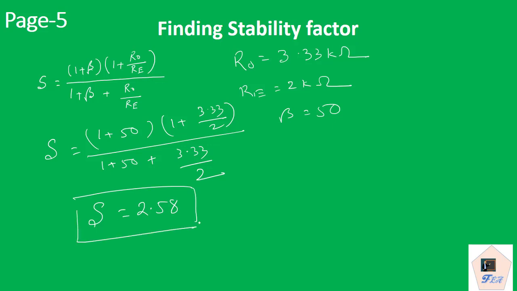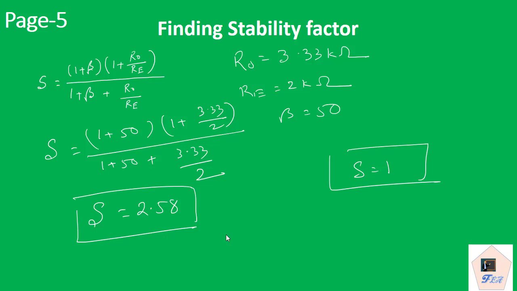You see that S value is very near to the ideal value. Ideal value of S we know is 1, and here this value is very close to the ideal value. So the self bias circuit we have designed is a very stable circuit, that we can conclude. Same numericals we have solved in two different methods.